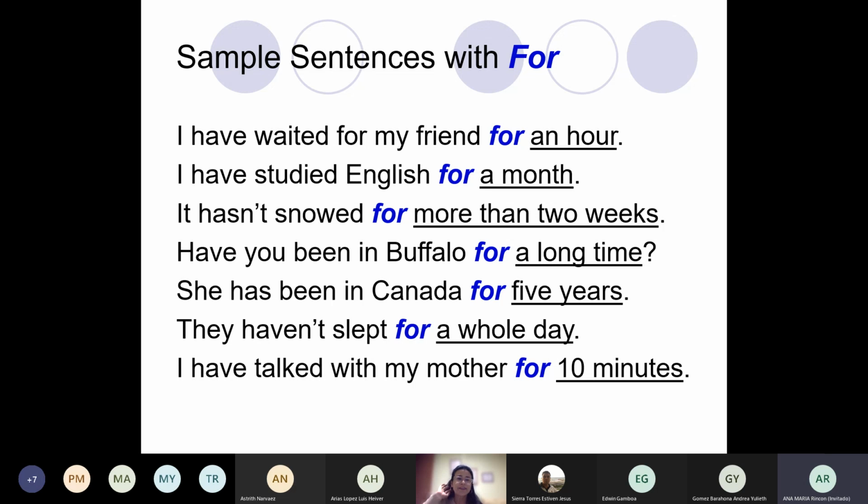Very good. Remember, hasn't. Observen cómo está utilizando aquí el presente perfecto para decir, It hasn't snowed. Very good.